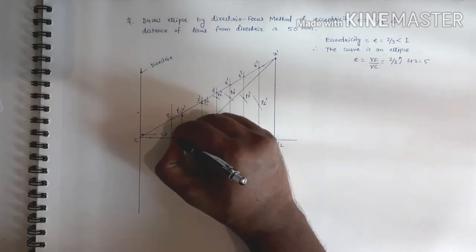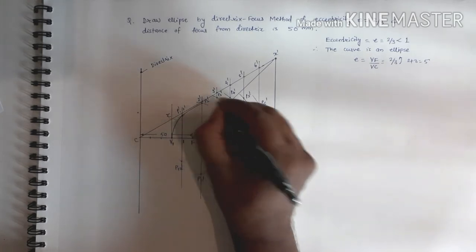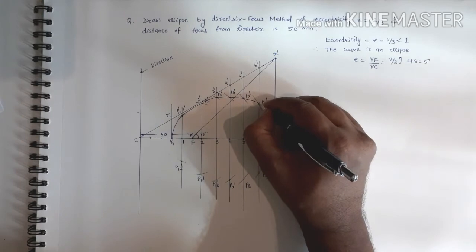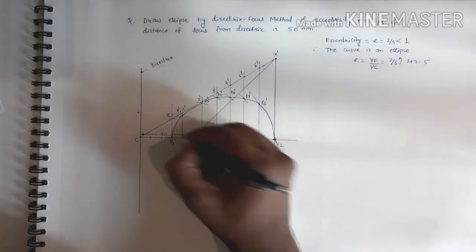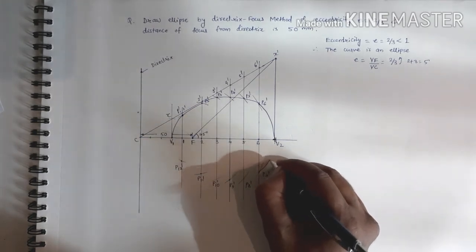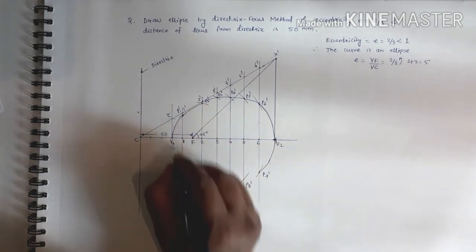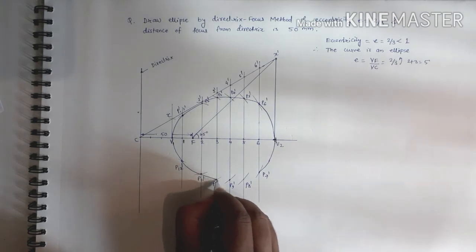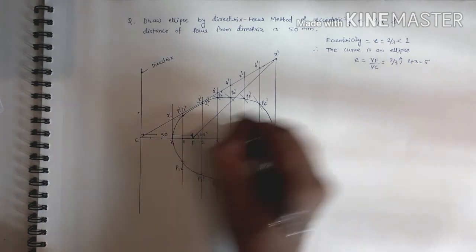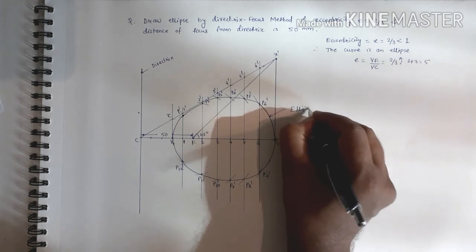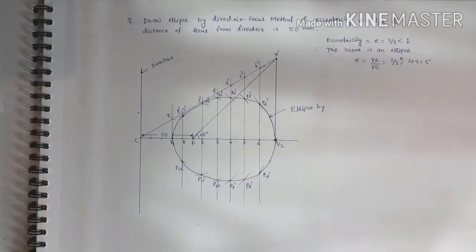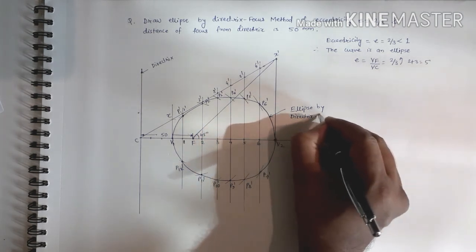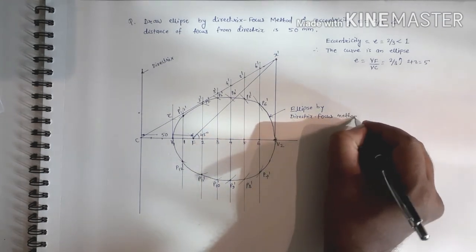So draw the ellipse through P2, P3, then P4, then P5, then P6, then V2, then join V2, P7, then this point, join this point, and so this is the ellipse by directrix focus method. Directrix focus method. Thank you.